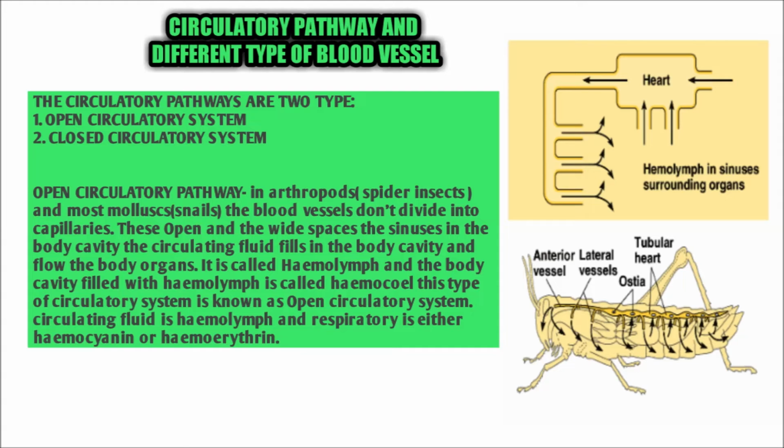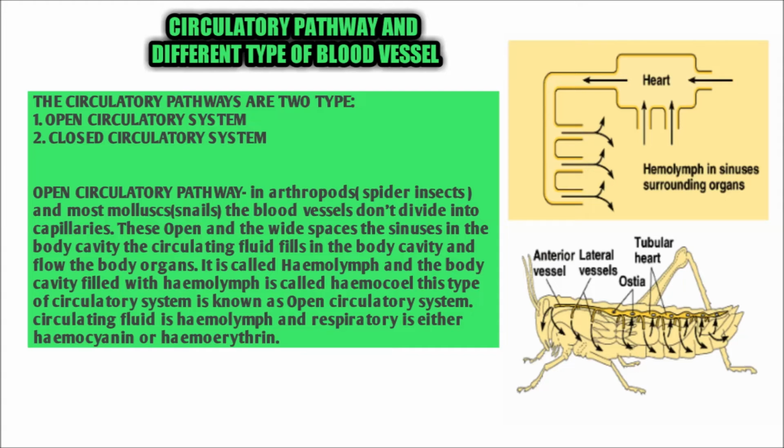These are open, and the open space is known as the sinuses. Okay, where the open vessels directly release the blood or circulatory fluid into the body. This is known as the sinus.